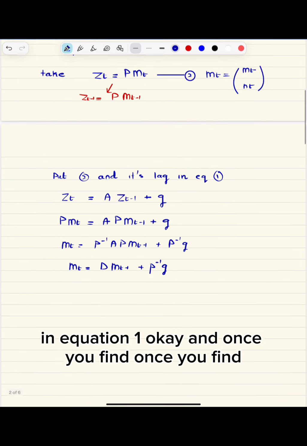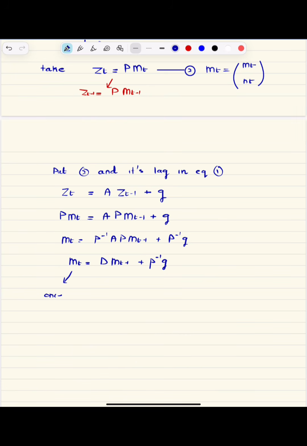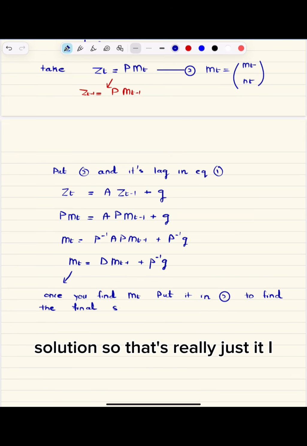Once you find M_t, put it in equation 2 to find the final solution. So that's really just it.